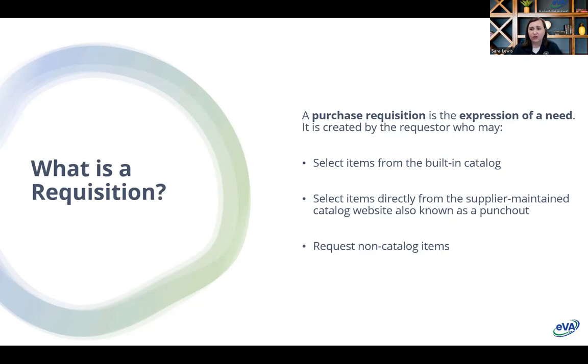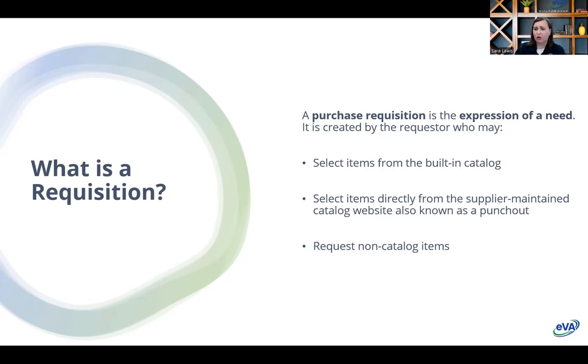For EVA, you have the ability to select items from a built-in catalog. You also have the opportunity to go to a supplier maintained catalog website. You all know it as a punch out. And I think Sandy already went over the ins and outs of the catalog purchases.